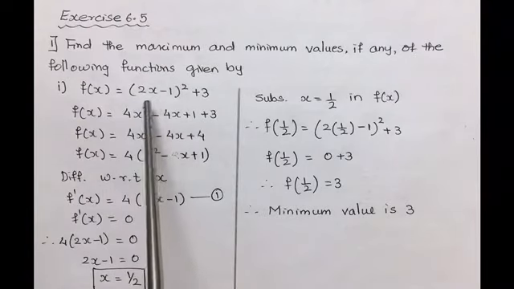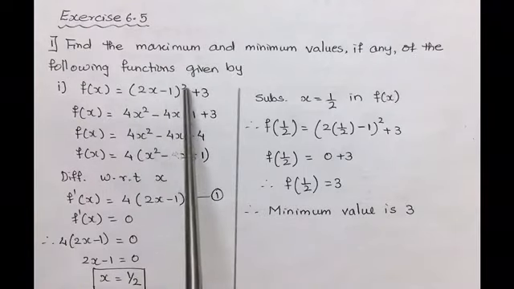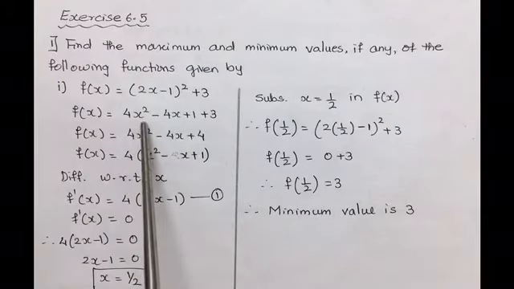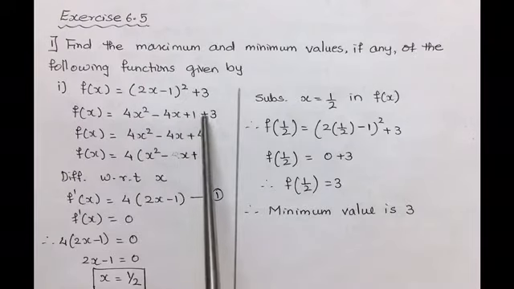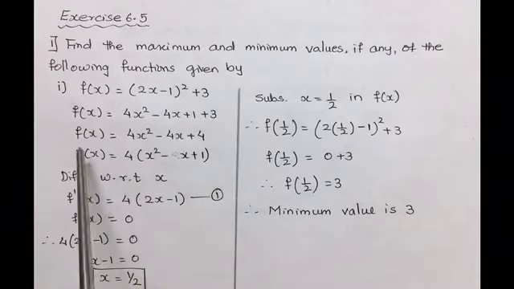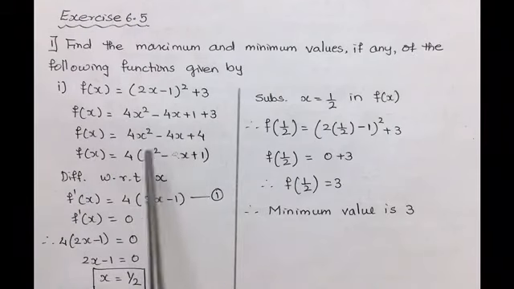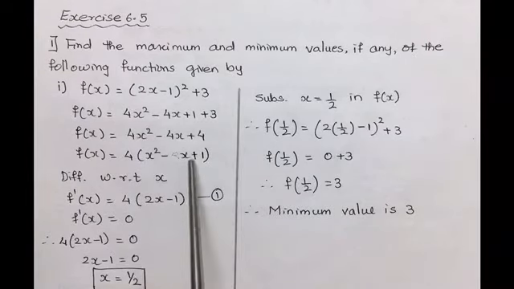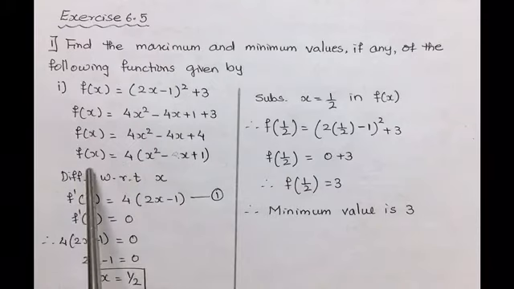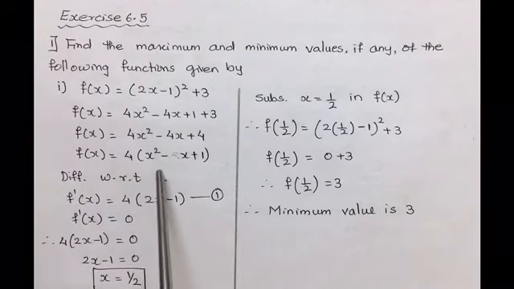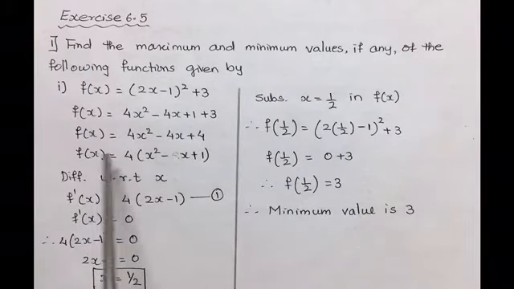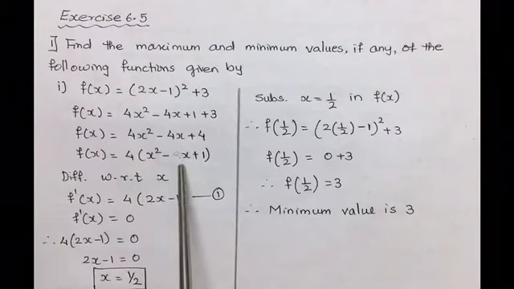Now opening this bracket using the (a minus b) whole square formula, we get f(x) is equal to 4x square minus 4x plus 1 plus 3. So simplifying it, we get f(x) is equal to 4x square minus 4x plus 4. Taking 4 common, f(x) is equal to 4(x square minus x plus 1). So this is how f(x) we have simplified.